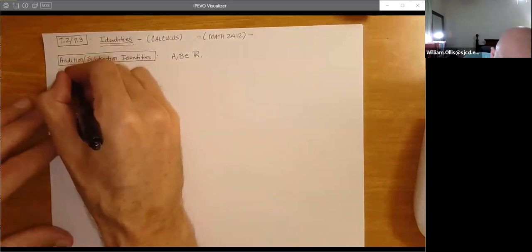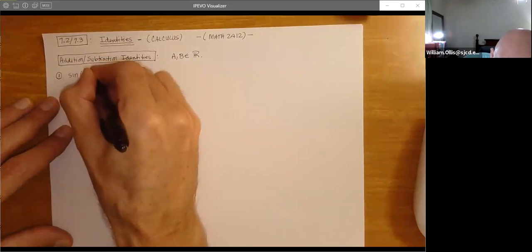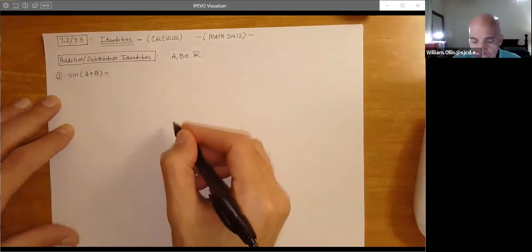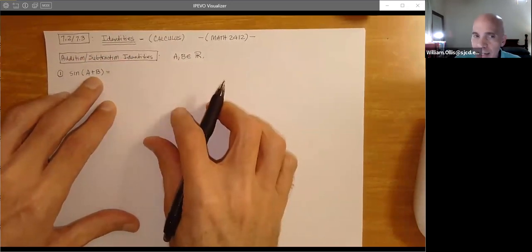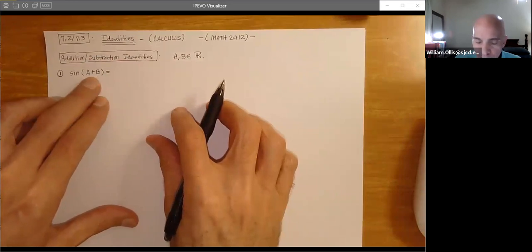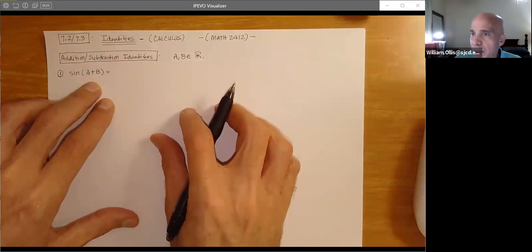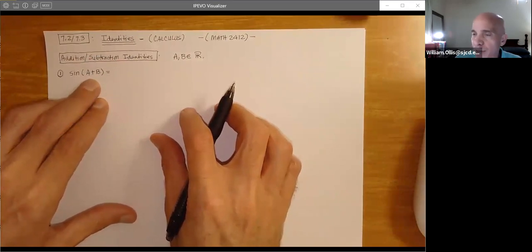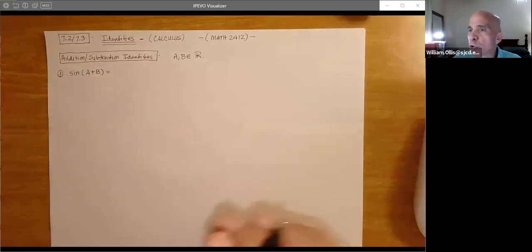I'll just go ahead and start with the sine of A plus B. Now, the nice thing or the not so nice thing about trigonometric functions is that they're not additive, in the sense that sine of A plus B is not sine of A plus sine of B. Wouldn't that be nice? In algebra, functions that behave like that are called homomorphisms, they don't occur all of the time.